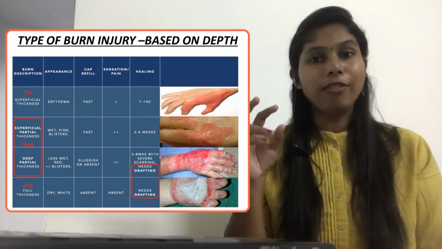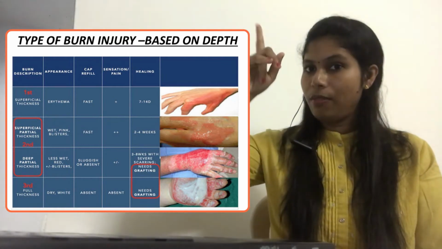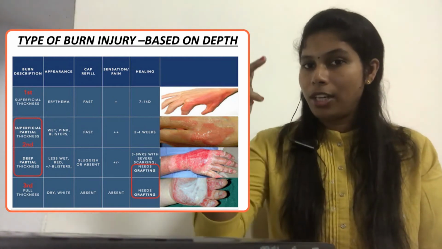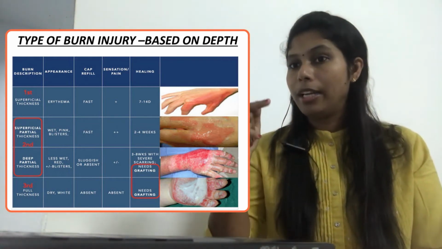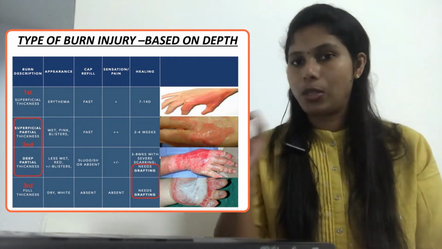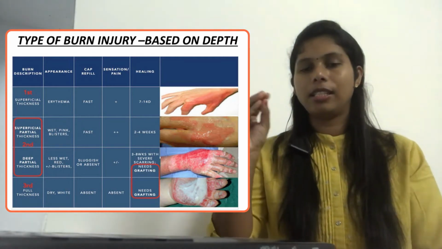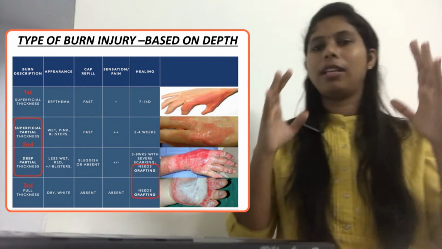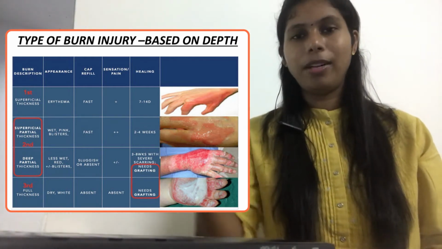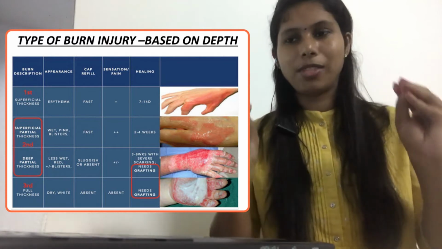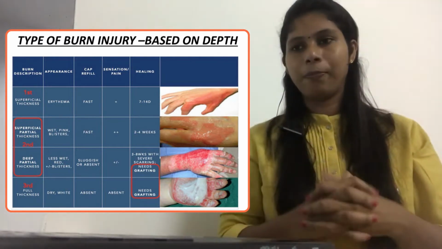In this, the swelling will be moderate. The first one we said mild, the superficial partial thickness we said mild to moderate, but in deep partial thickness, moderate swelling. Okay, just keep these changes in mind. That's why I haven't added many details in this table, only the key details with some symbols, so you will keep it in mind easily.